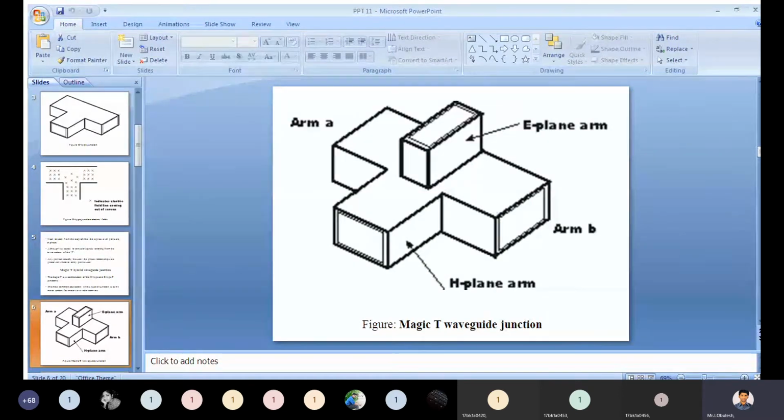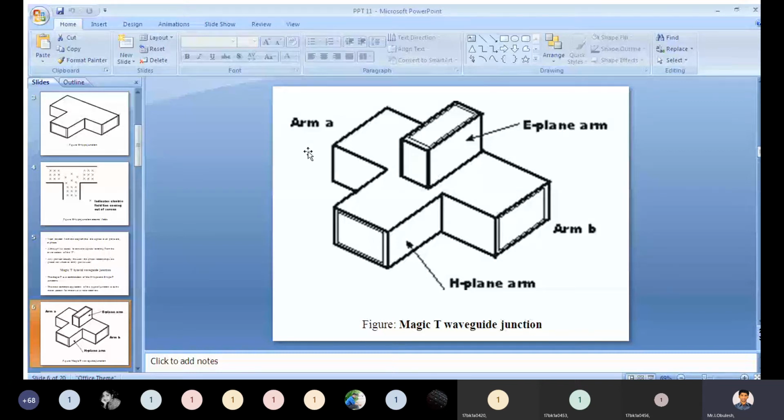First, you need to remember the first main important point from the magic T waveguide junction. When a signal is applied into the E plane arm, it will be divided into 2 out of phase components.